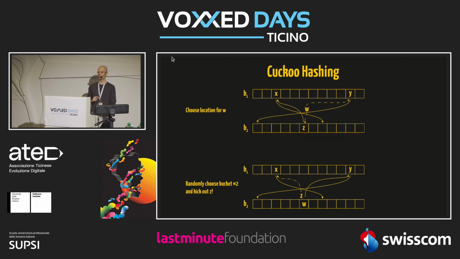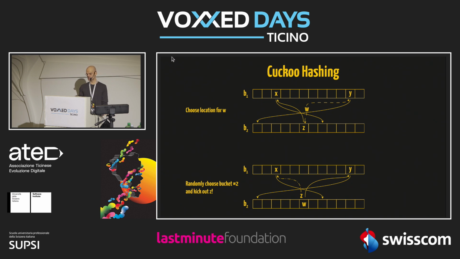Then we want to insert w. Now this is the issue, because the two hash functions map to elements in the array which are already occupied by two other items. So as I said before, we just randomly decide that w is going into the array b2, the second one, the bottom one. Then we write w in that position, and we kick out z.